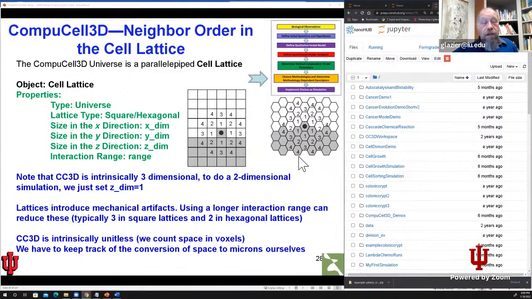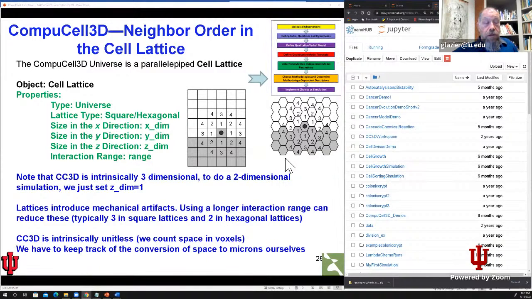The other thing that we're going to have, which you're going to run into repeatedly and may take some getting used to, is that there's going to be a concept of an interaction range. And so on a square lattice, things like distance are a little bit hard to measure.